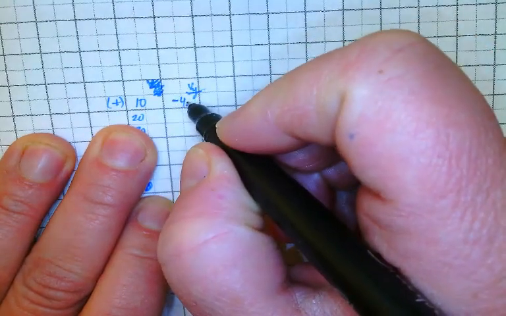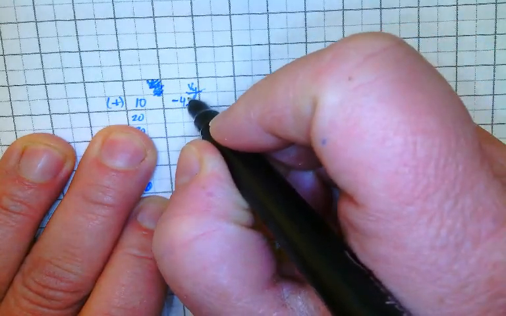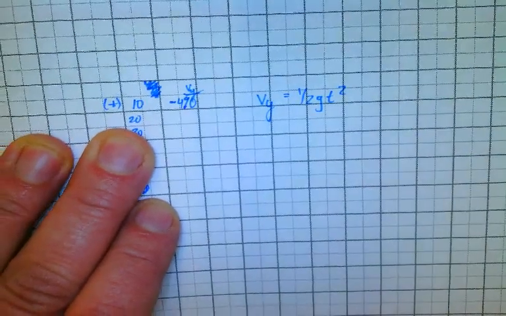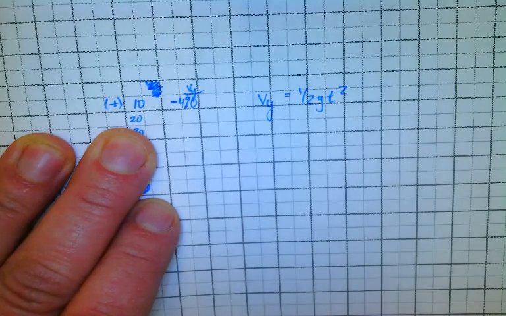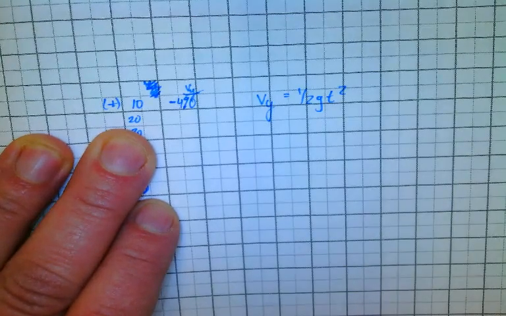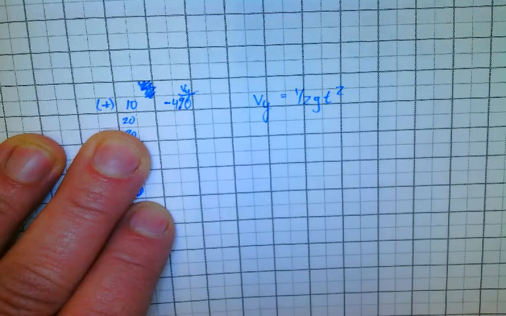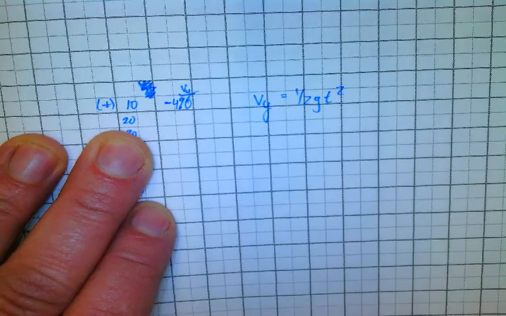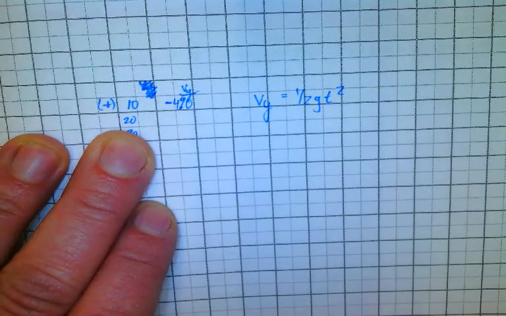Negative 490? Yeah. Really? Yep. Well, I got you. Because half of negative 9.8 is negative 4.9 times 10 squared. So it's negative 4.9 times 100.